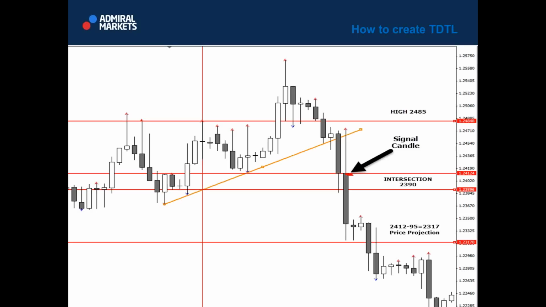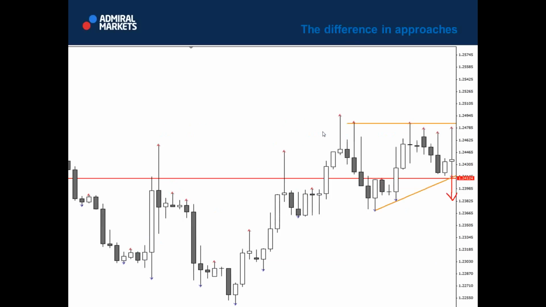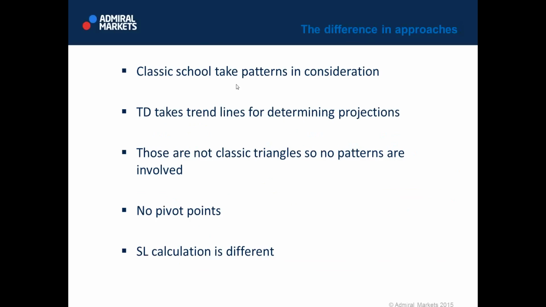So he says, okay, take the entry on a single signal candle open. So if this was the open after the close, you take the trade here. So classic school takes patterns into consideration.